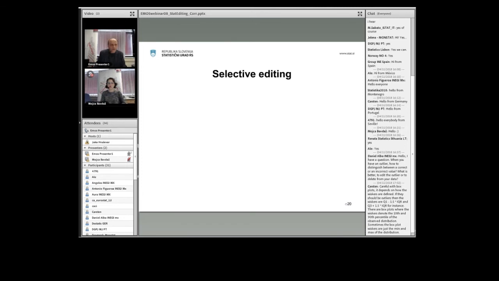What is the selective editing approach? Selective editing is, in fact, that we try to make a procedure that, among all the errors that occur in our validation procedure, first detects only the significant errors, the errors that really impact our results.